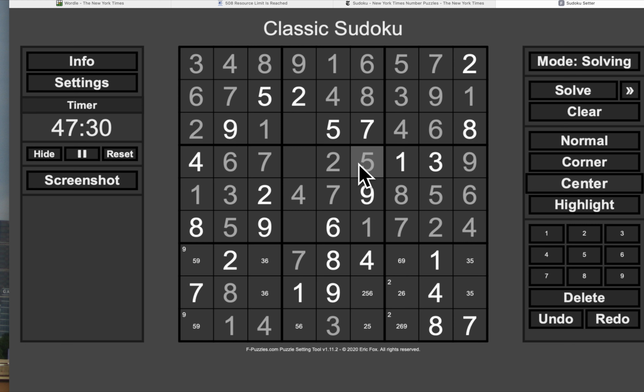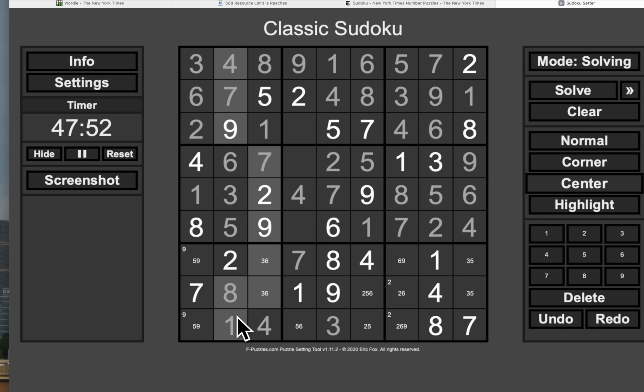The problem is there's a 6 here and a 5 here. I'm still going to end up with a repeated 2, 5, or 6 down here. I don't have any.